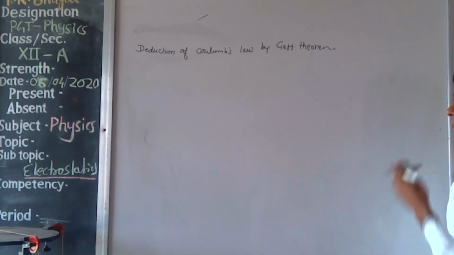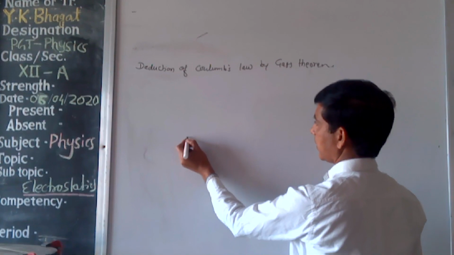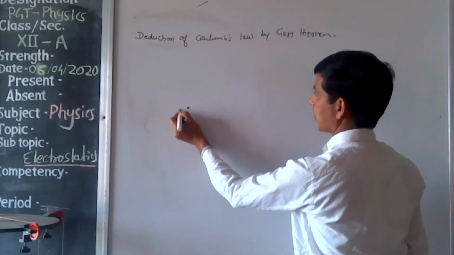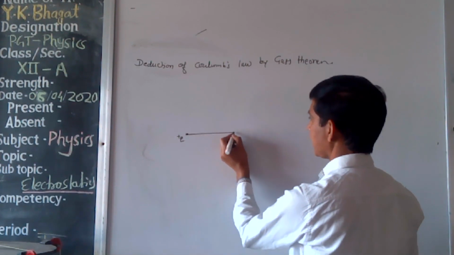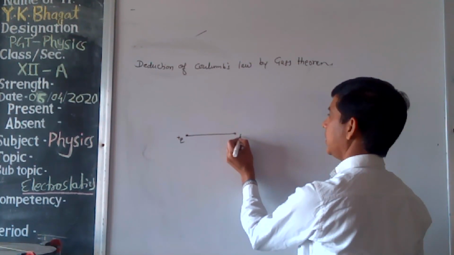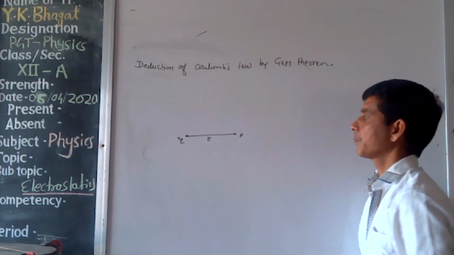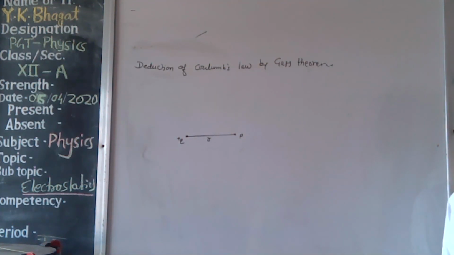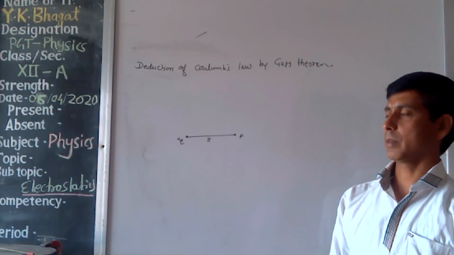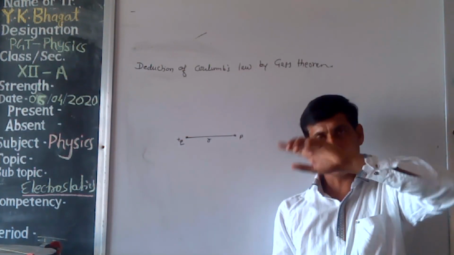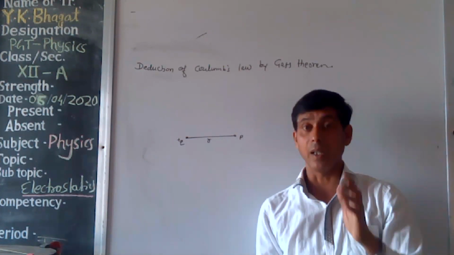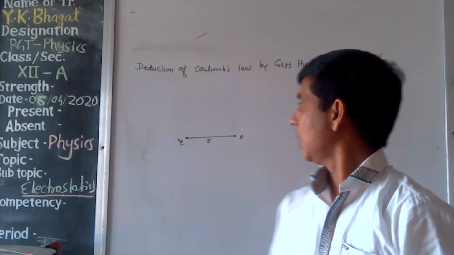For this, we consider a point charge plus q, and P is a point at distance r. To apply Gauss theorem, we consider a closed loop, because Gauss theorem is applicable only in a closed loop.